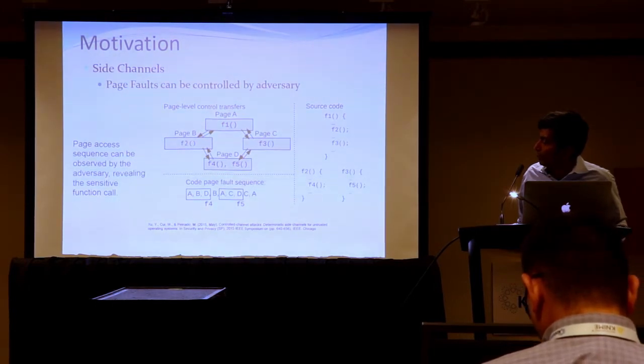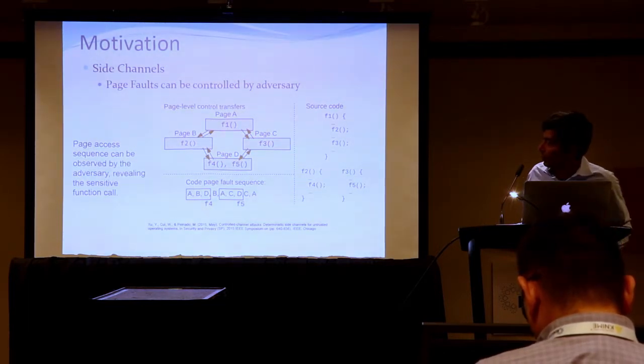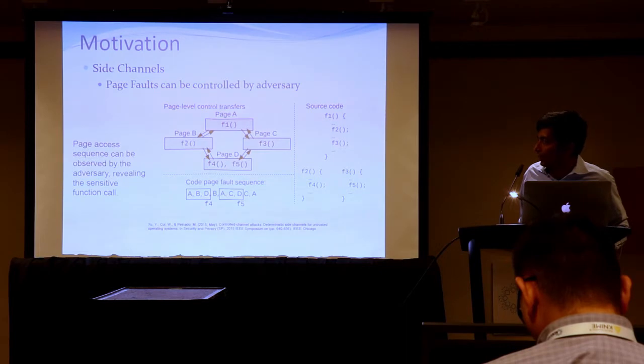So in that case, after page A, f1 function is called internally. From this figure, we can see that page B contains f2, and then page D contains f4, f5. So the attacker will see only that there is a page A access, then page B access, then page D access, and this sequence will be accessed.